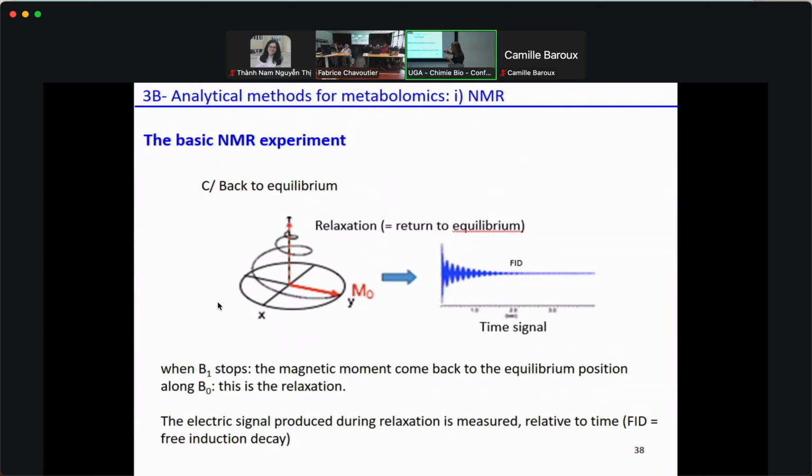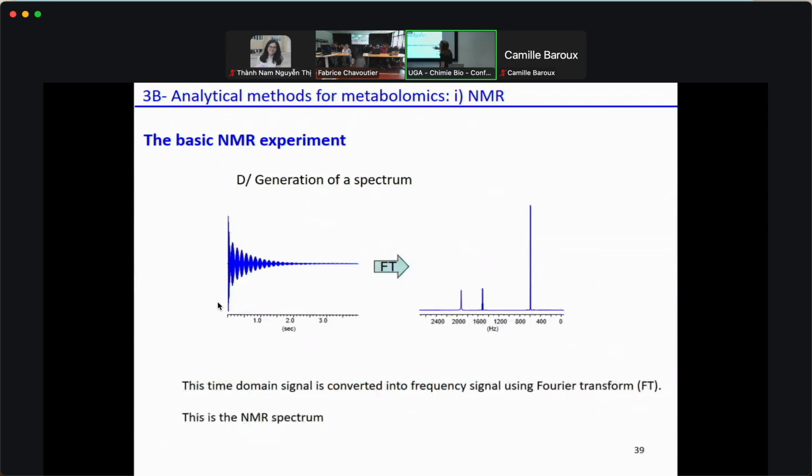The signal contains the signal of all the protons in the sample. After that, we do a Fourier transformation to transform a time domain signal into a frequency signal. And here you have different peaks at different frequencies. These are the protons, the hydrogens in your molecule, which give this kind of signal.